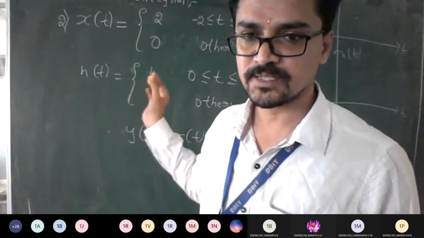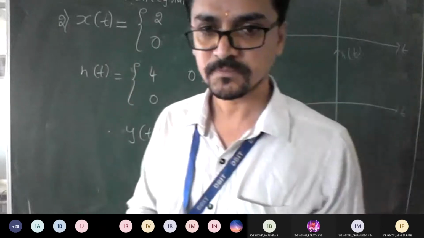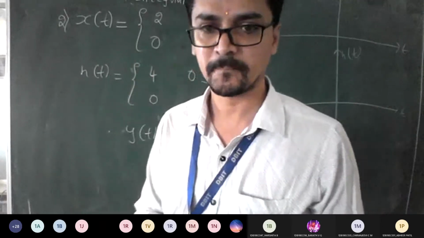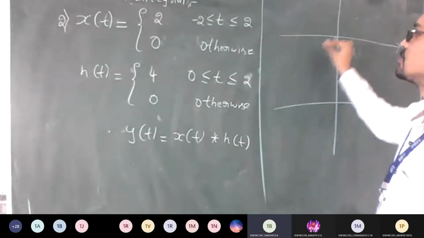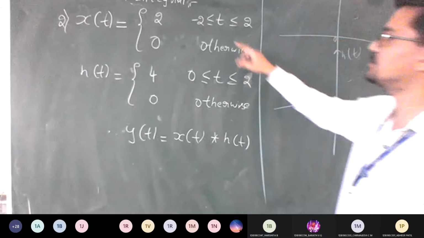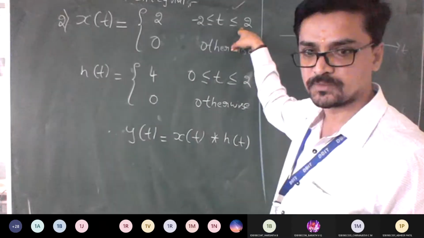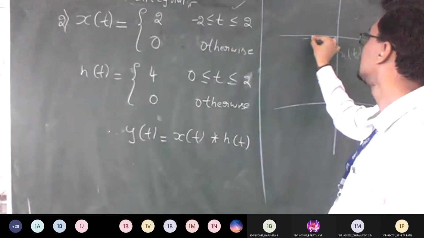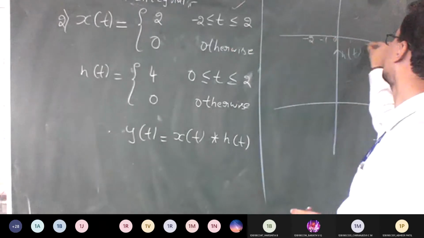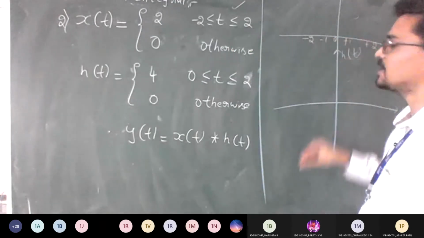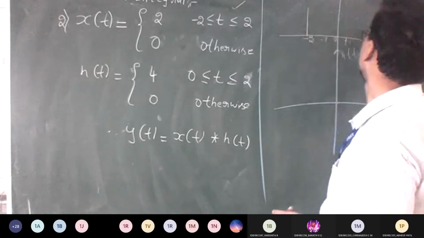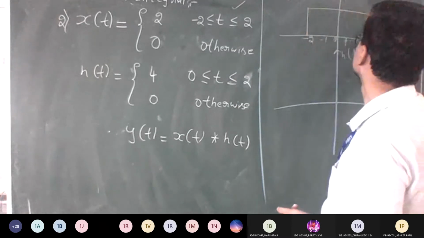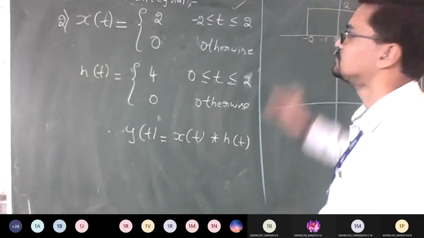Okay. Now just tell me how to sketch x of t. Between -2 to 2 with amplitude of 2. You can look at the question here. It says -2 to +2, so you can have a range -2, -1, 1 and +2. So I have a signal like this with amplitude of 2.